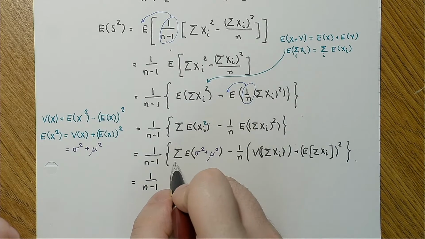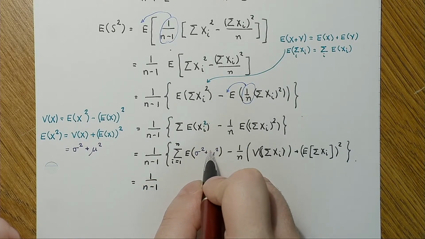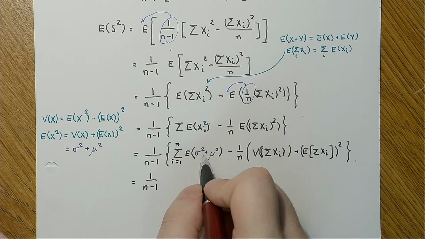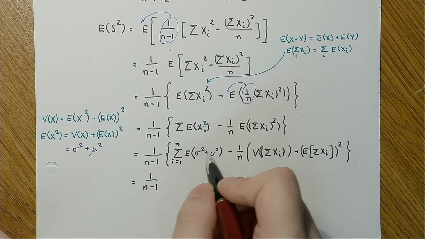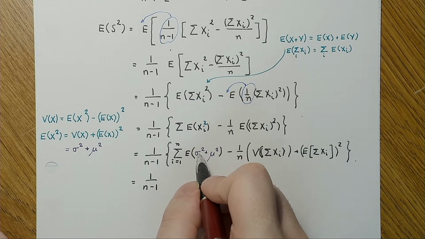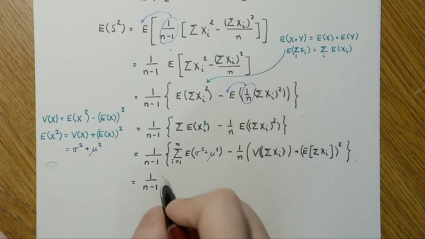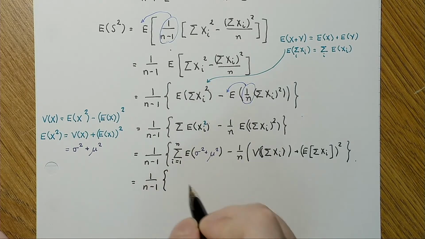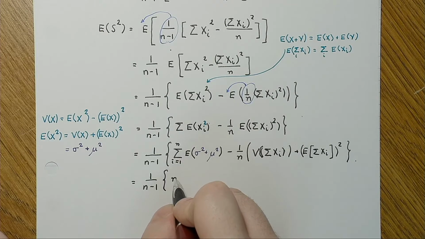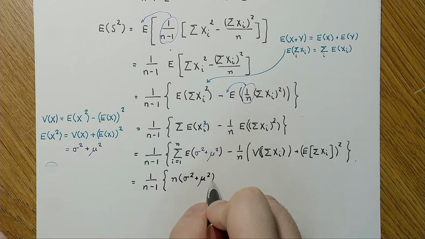Now this is the expectation of a constant, so I don't have to worry about those, they're just constants, and I'm going to be doing sigma squared plus mu squared. It's going to be times n. So what I have then is n times sigma squared plus mu squared.